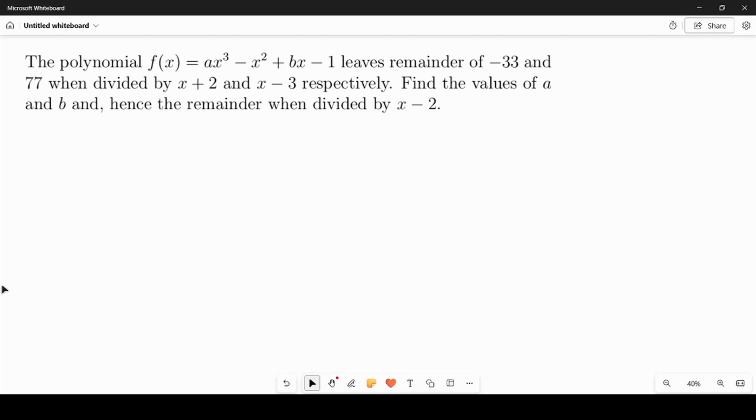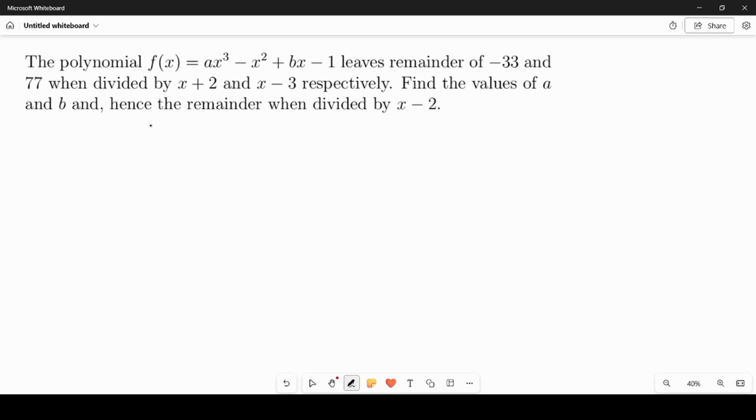So the question is saying that the polynomial f of x is equal to a x cubed minus x squared plus bx minus 1 leaves a remainder of negative 33 and 77 when divided by x plus 2 and x minus 3 respectively.